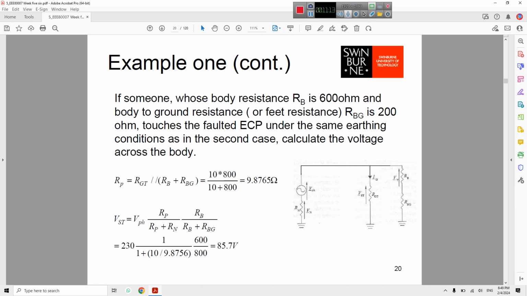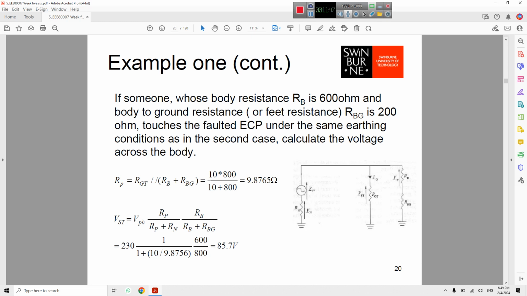So in the exam, if you consider that RPE plus RGCE, such as here, is quite bigger than RGT, there is no need to calculate RPE, because if you calculate based on my technique, which is ignoring RPE, the value is 87.2 or 87.3. So it is around a half volt difference for this one.